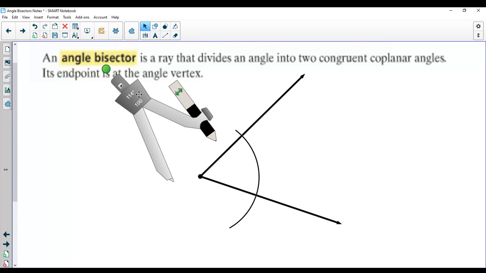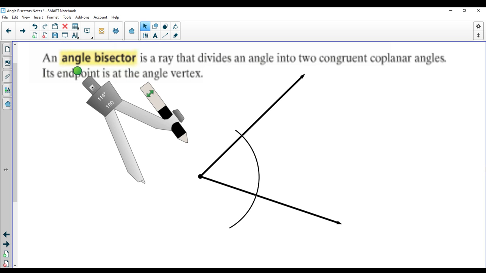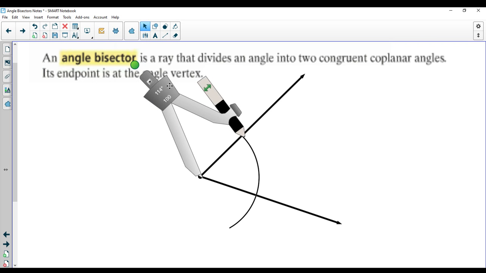Okay, let me move this out of the way. So compasses are used to construct arcs, circles, and different geometric figures, okay? So first thing I did was I opened my compass and I set the needle on the vertex and I drew an arc that intersected both sides of my angle.